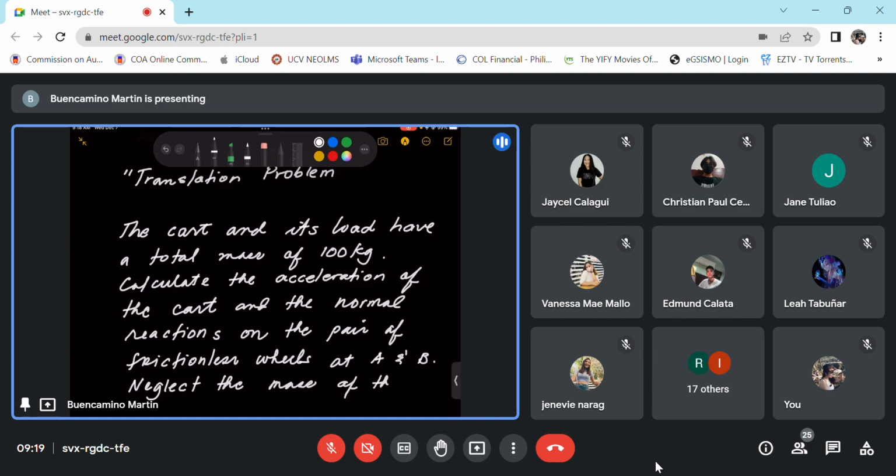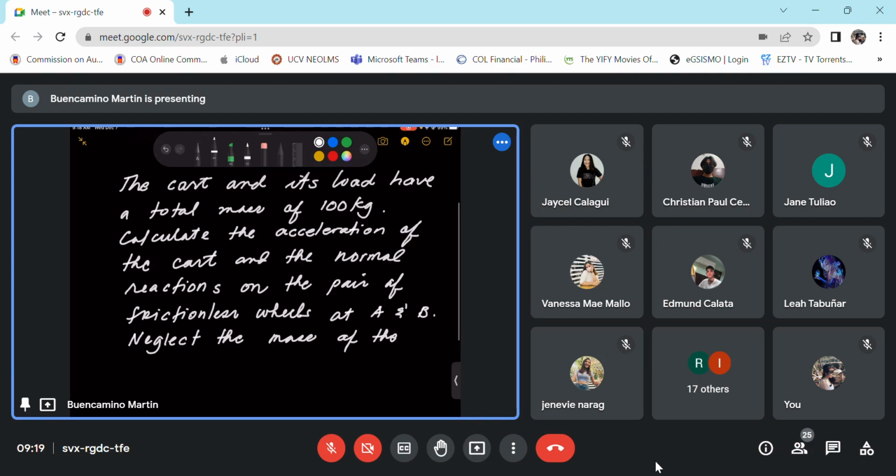So take note, class, that we are applying now an equation of motion in this case, class, that is applicable for translation only, no?